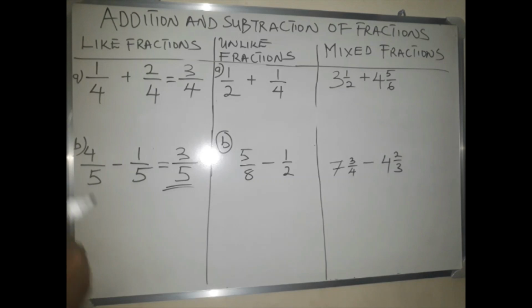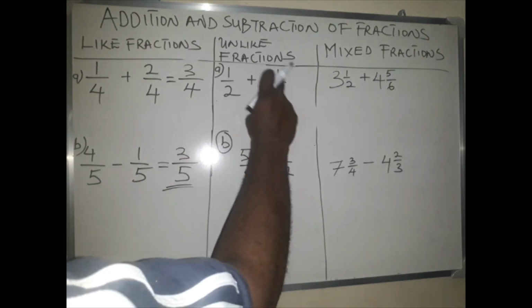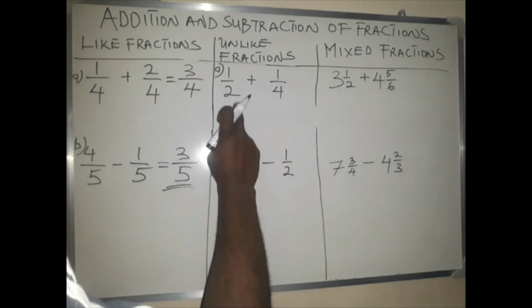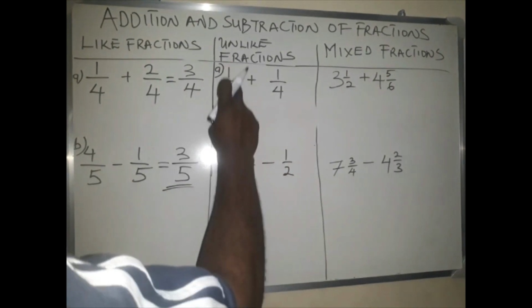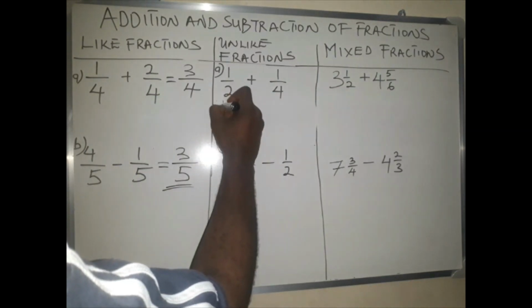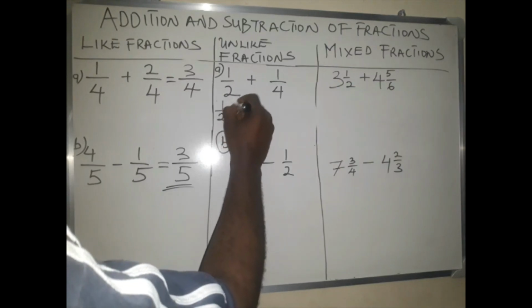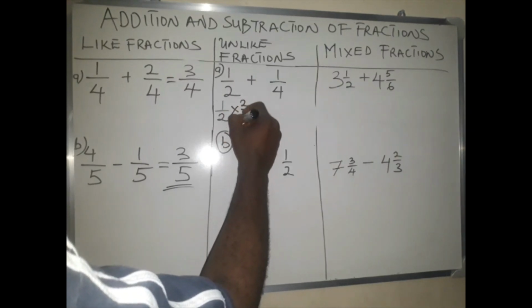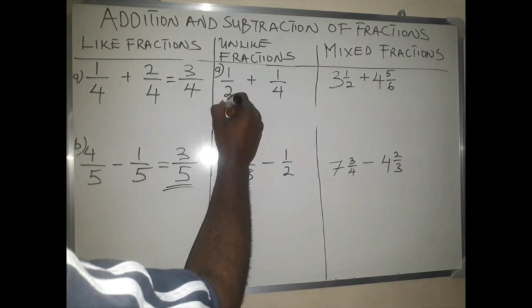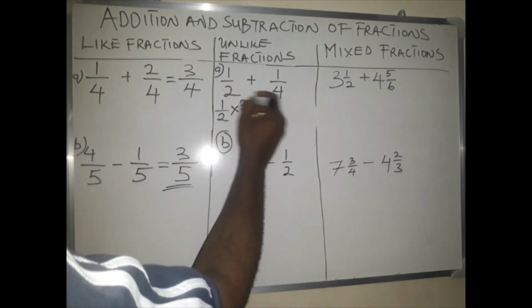So in this case, in order for me to convert this so that it may look like this, what I do is I multiply both the numerator and the denominator by 2. So I'll say 1 over 2 times 2 over 2. And that will give me what?